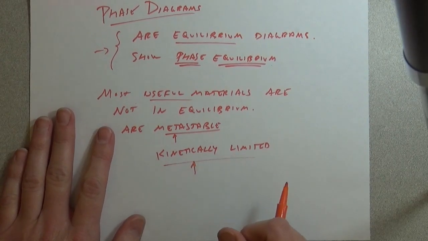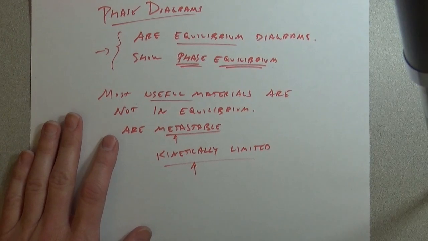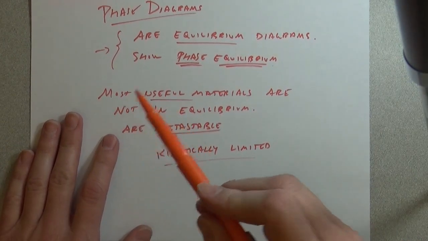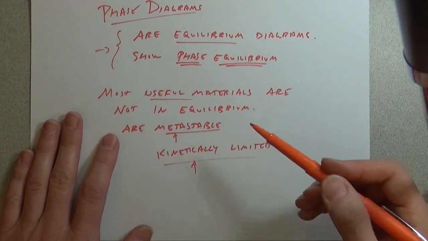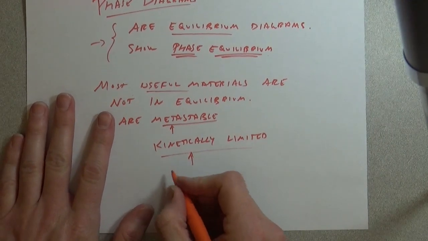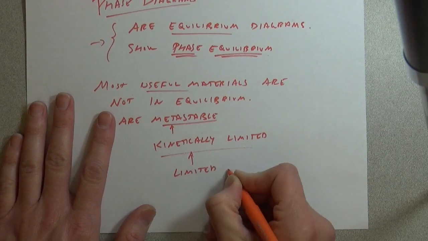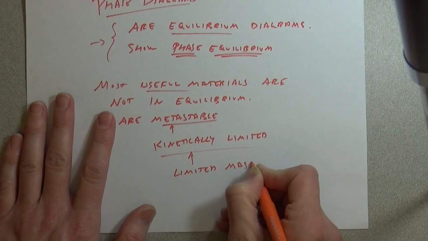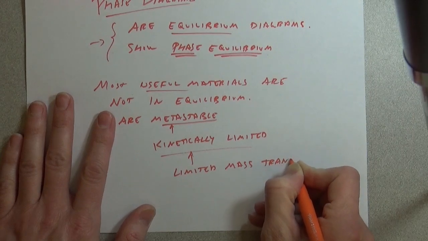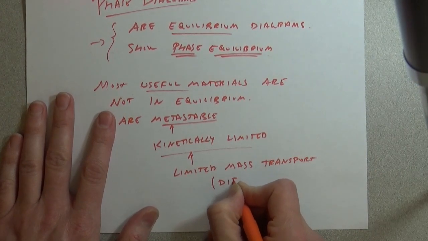And that requires thermal energy, because we know that for diffusion to occur, you have an energy barrier that you have to overcome. And to overcome that energy barrier, it's not going to happen, at least not rapidly, when you're sitting at room temperature. So, limited mass transport, or diffusion.